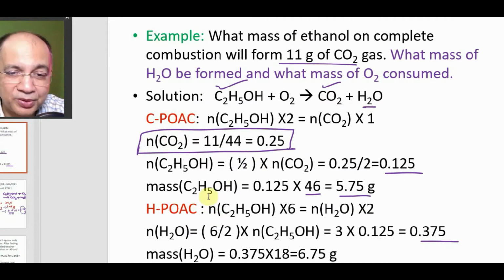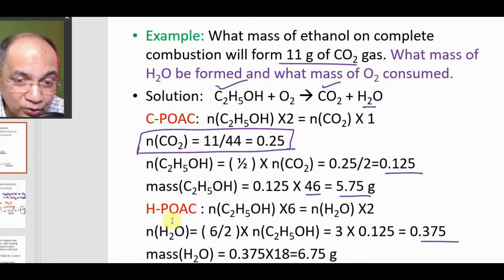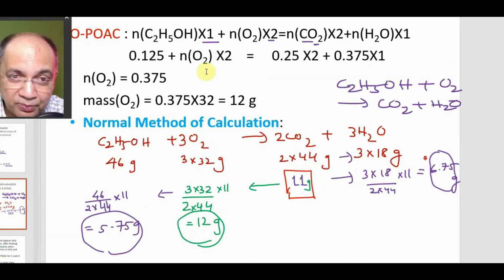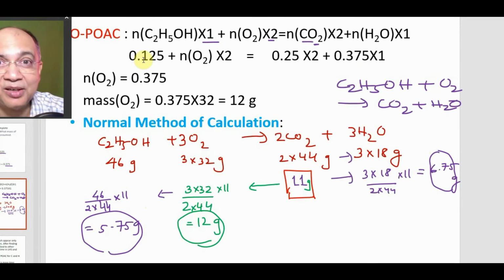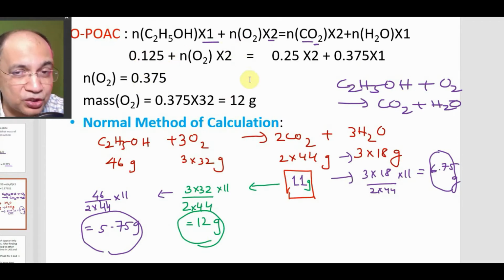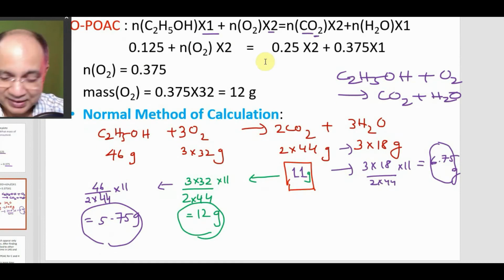To find the number of moles of ethanol, we applied POAC of carbon. To find the number of moles or mass of water, we applied POAC of hydrogen. Then finally, knowing the number of moles of water and ethanol, we applied POAC to oxygen and got the mass of oxygen consumed in the reaction, right?